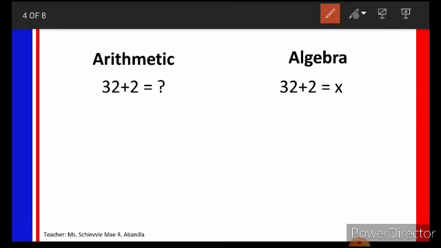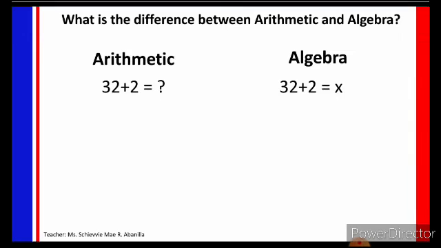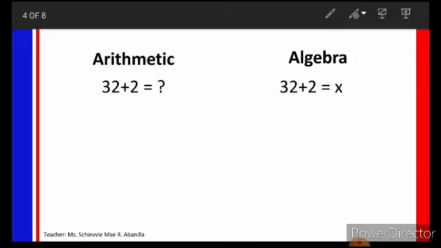In arithmetic, you just add this number and you get the answer for this question mark, right? But in algebra, nakakainis kasi nga meron siyang x. Bakit may x pa? The difference between arithmetic and algebra is that in algebra, we need to define these two, 32 and x.